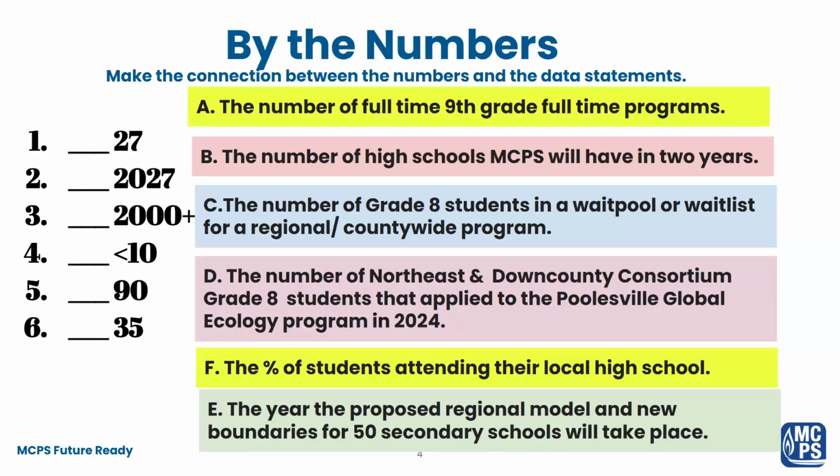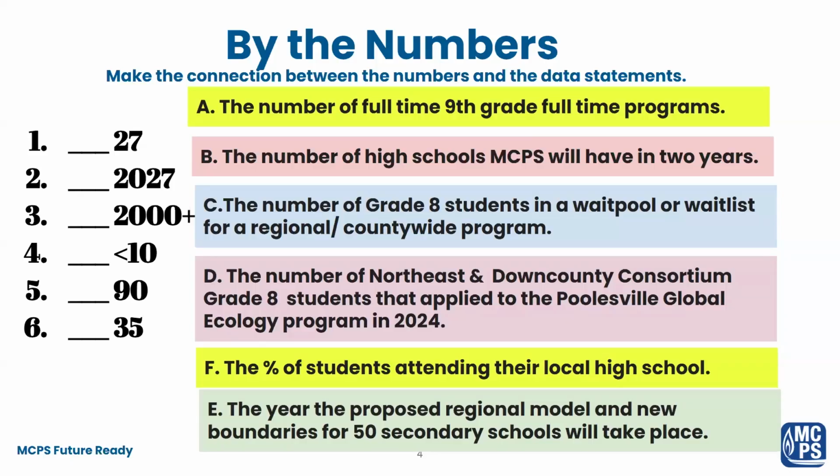The different statements you should try to match them to include A, the number of full-time 9th grade full-time programs. B, the number of high schools MCPS will have in 2 years. C, the number of grade 8 students in a wait pool or wait list for a regional countywide program.